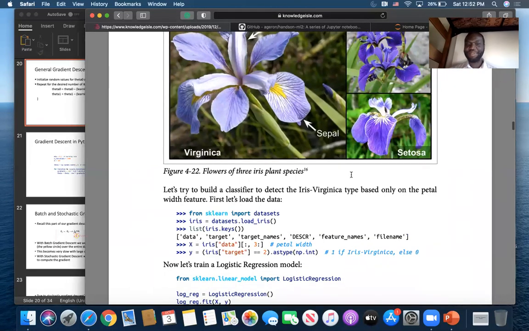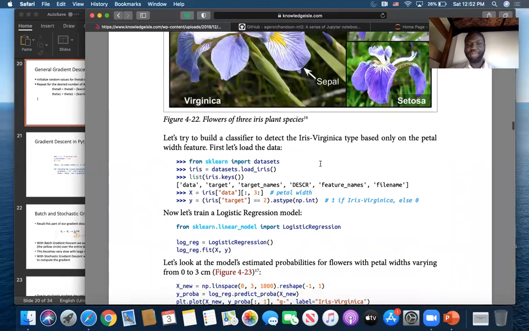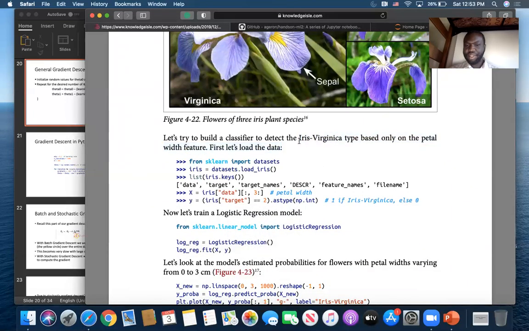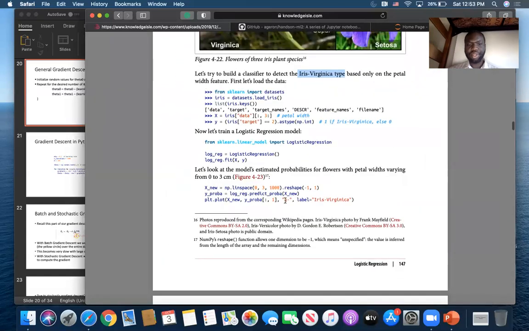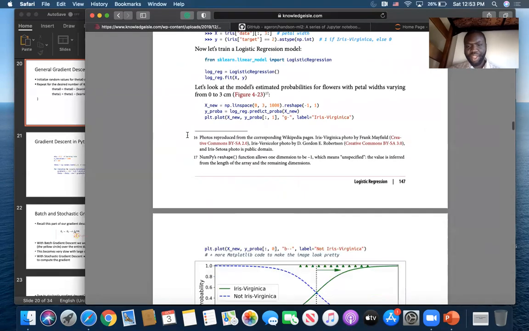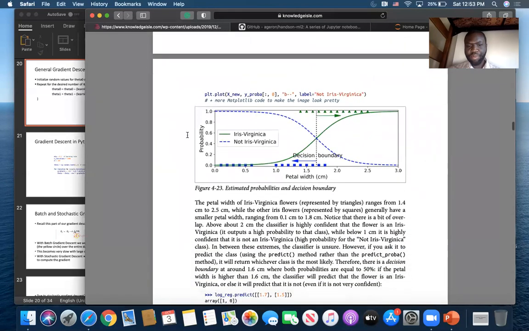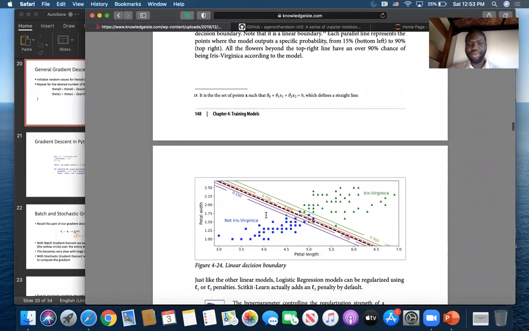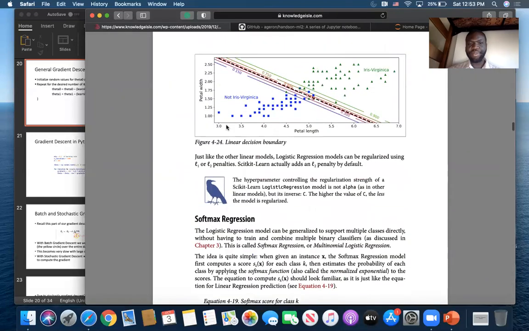And then he's trying to build a classifier to detect the Iris Virginica type based only on petal width. So he loads the data, and then they make the model.